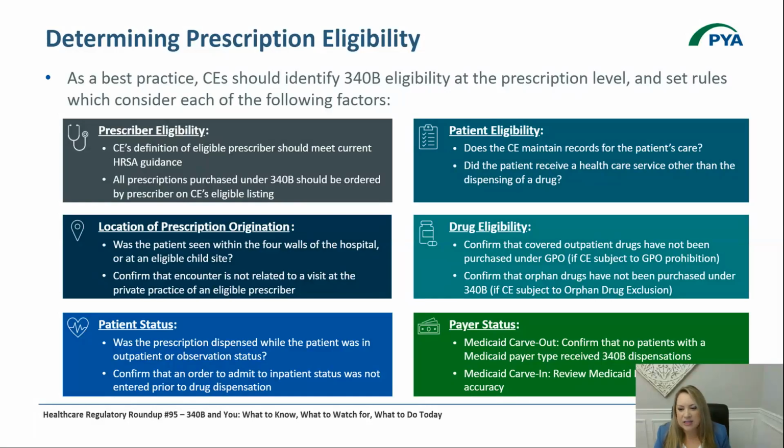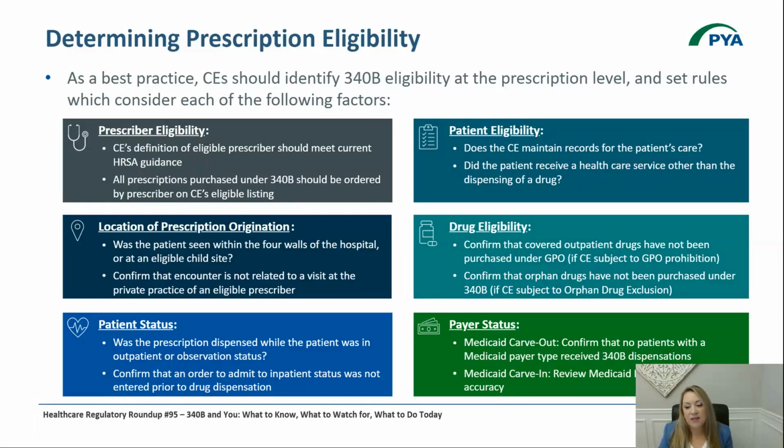I already talked about GPO prohibition. We'll talk more about orphan drugs in a moment, a bit later, but for covered entities that are subject to the orphan drug exclusion, that is another thing to be mindful of. And then last but not least, payer status. And so as part of enrolling and registering in the 340B program, covered entities have to elect whether to carve in or carve out Medicaid.